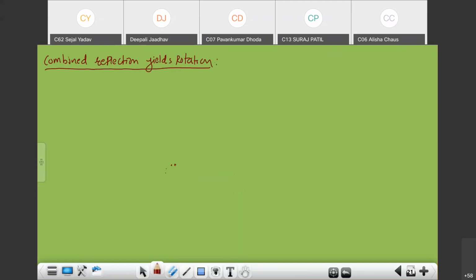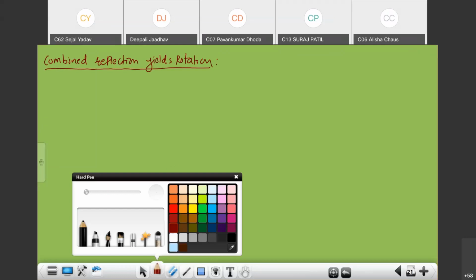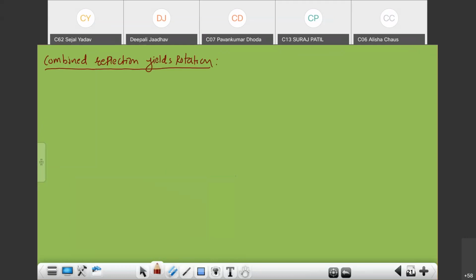Combined reflection yields or results in the rotation, that we are going to see with an example.